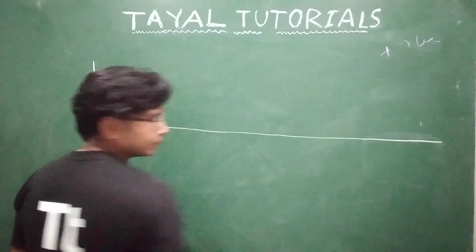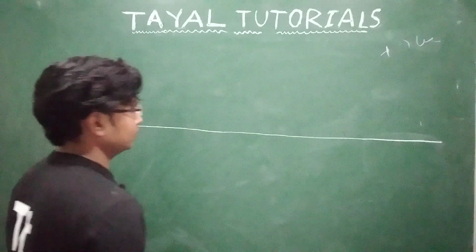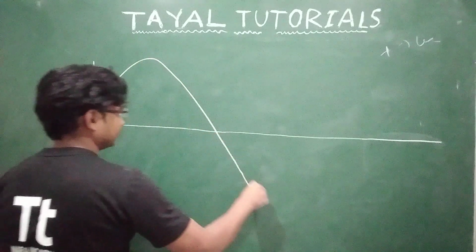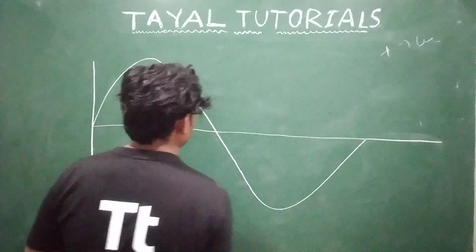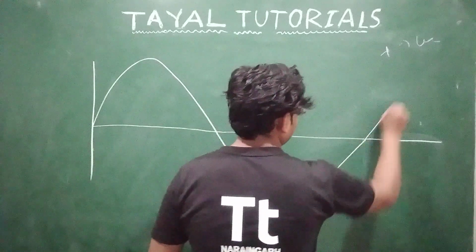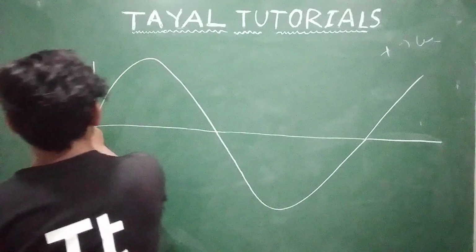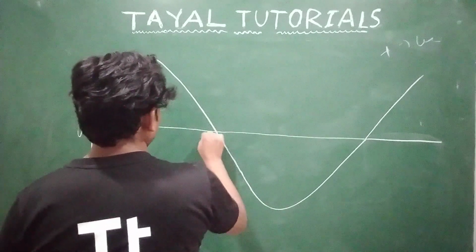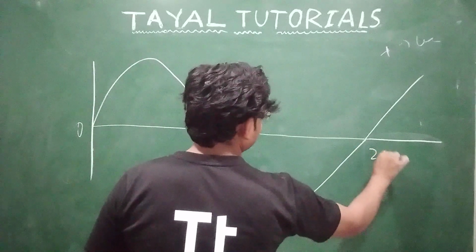Now this is your EMF. This is how it will go. This is 0, this is pi, this is 2 pi.